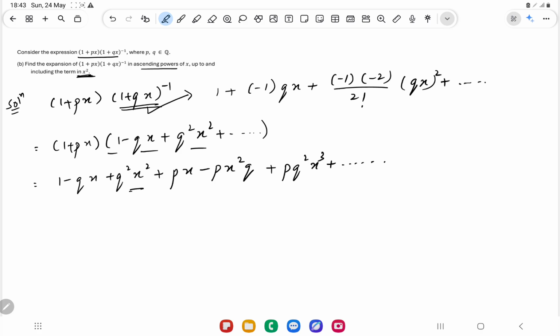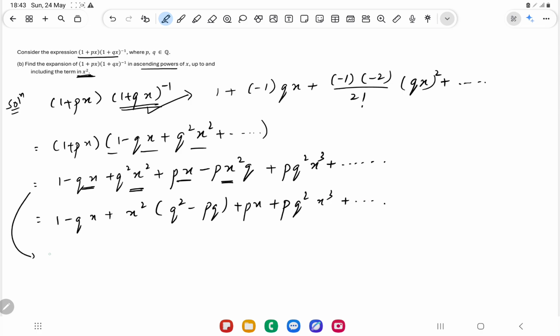Now if you see, I have x square 2 times, so I can take x square common and write it as q square minus pq. I also have 2 terms of x. I forgot to combine, so I will combine in my next step.